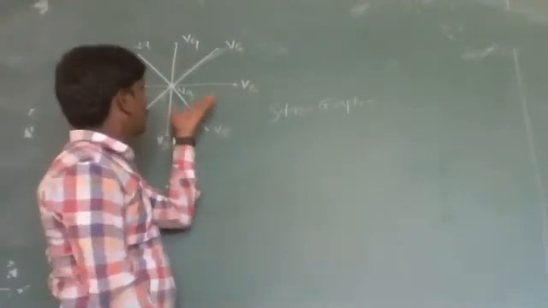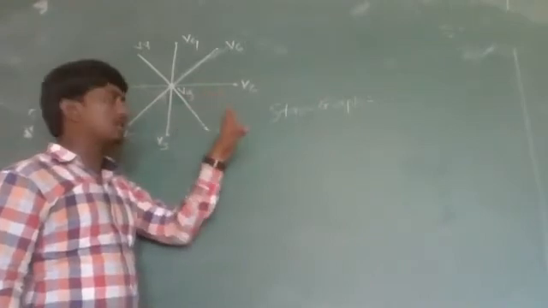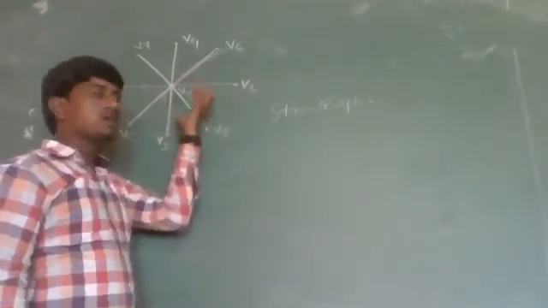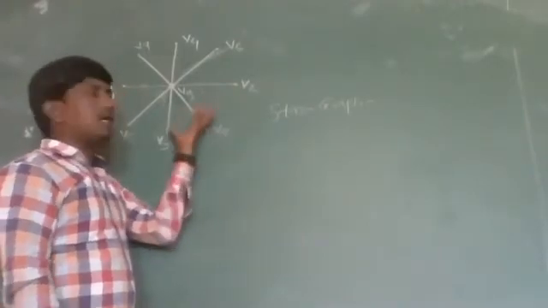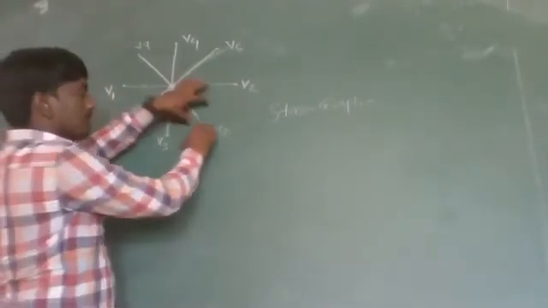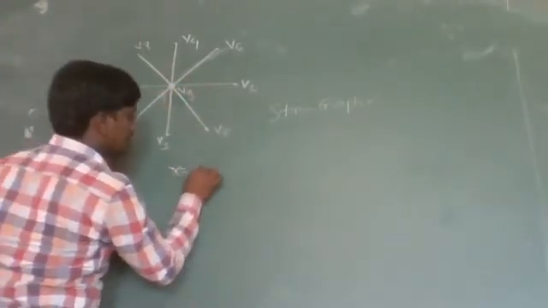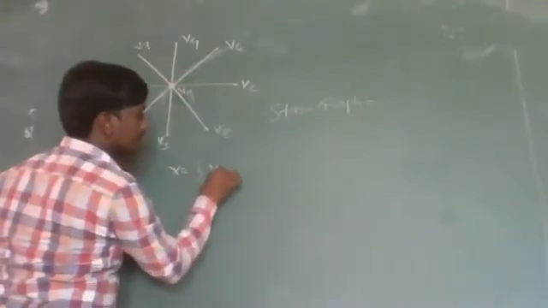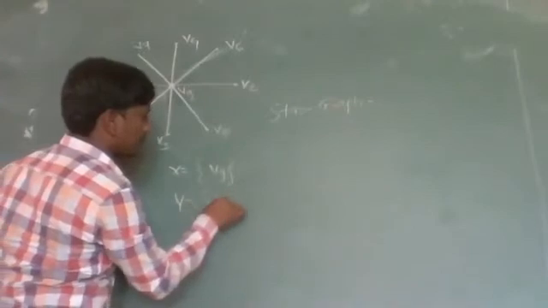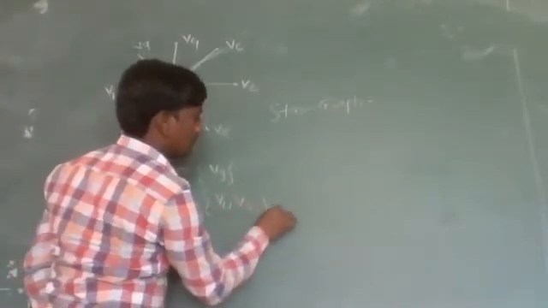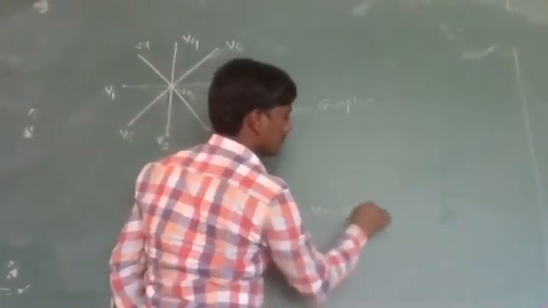Now we have to check whether this star graph is a complete bipartite graph. To check for complete bipartite graph, we again have to find two subsets of our original vertex set V such that X union Y is V and they are disjoint. So here X contains vertex V9 and Y contains vertices V1, V2, V3, V4, V5, V6, V7.